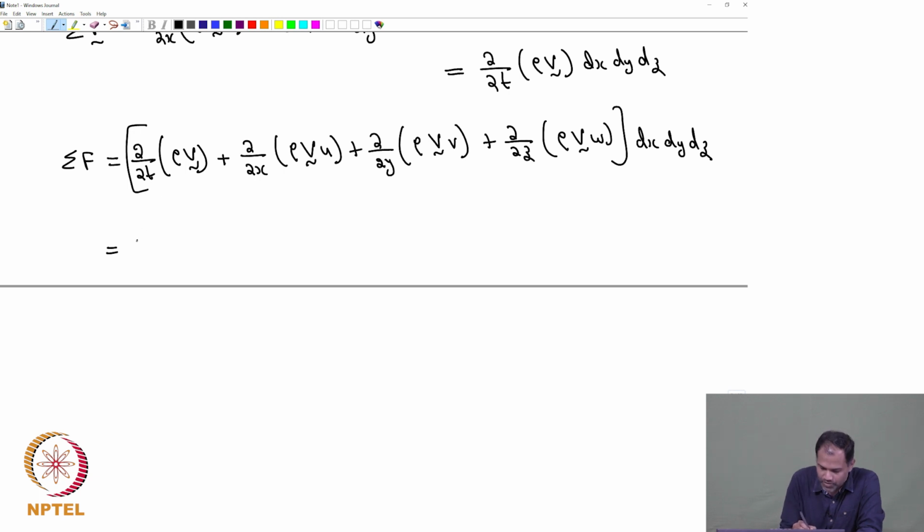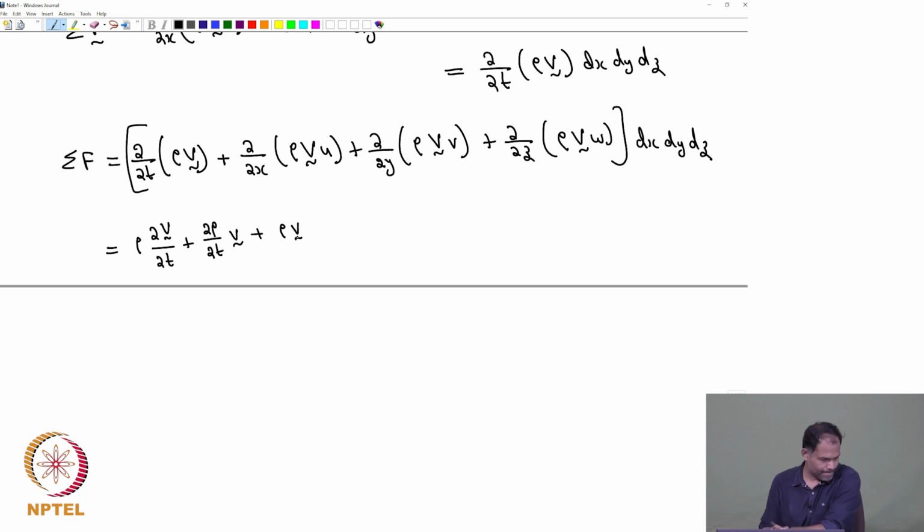So, the first term is rho times del v by del t plus del rho by del t times v, plus the next quantity that I can write as rho v, so I'll put rho and u together.